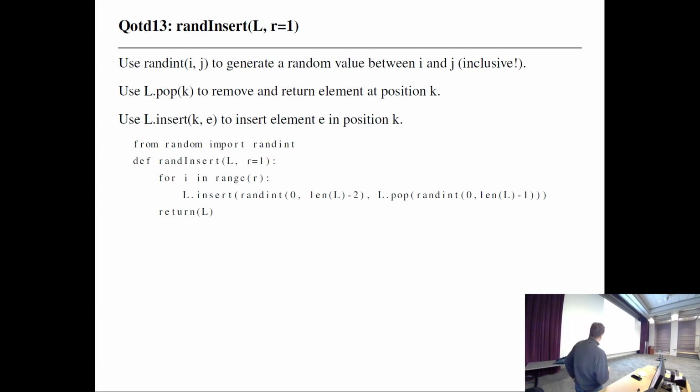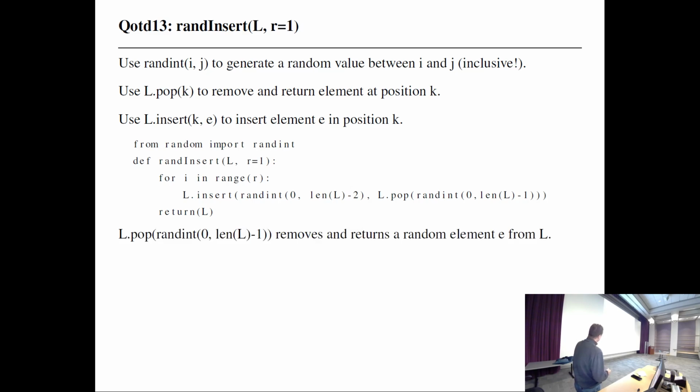I import randint from random. I'm going to do a certain number of repetitions, default 1. And what I'm going to do here is, remember I have to evaluate these two arguments to insert. So I come up with a random number and a random number here. The first one here, randint(0, length of L minus 1), gives me a number between 0 and length of L minus 1, inclusive.